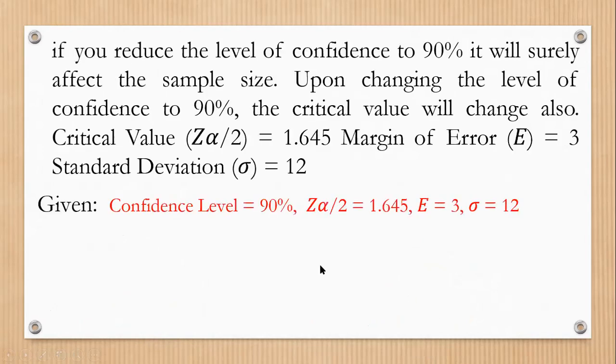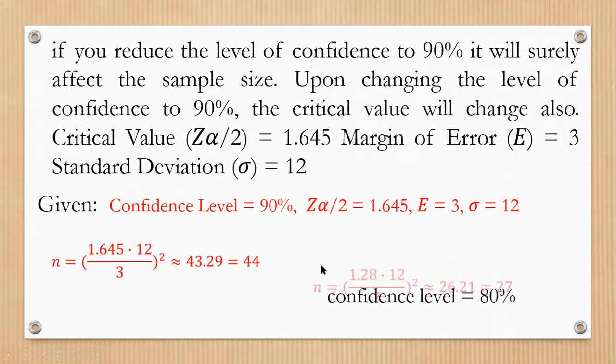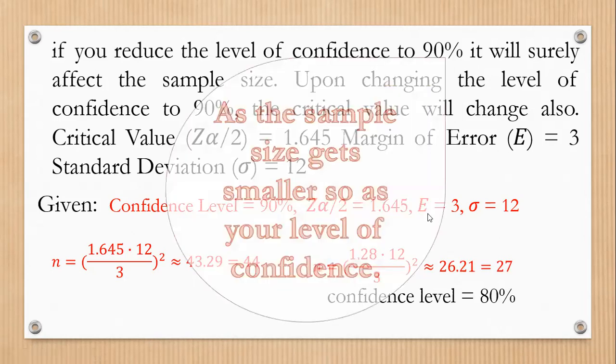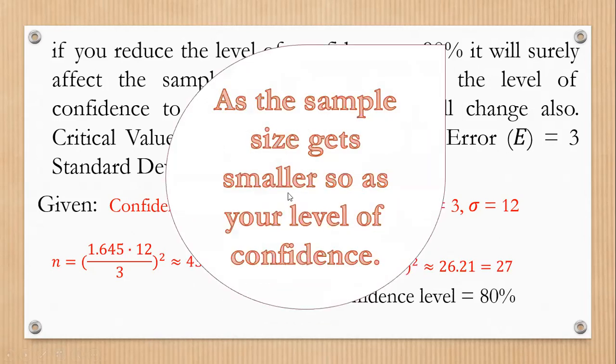So this is an illustration. Obviously, if you have your margin of error at 3, given the smaller confidence level, then look at the sample size. As the sample size gets smaller, so does your level of confidence.